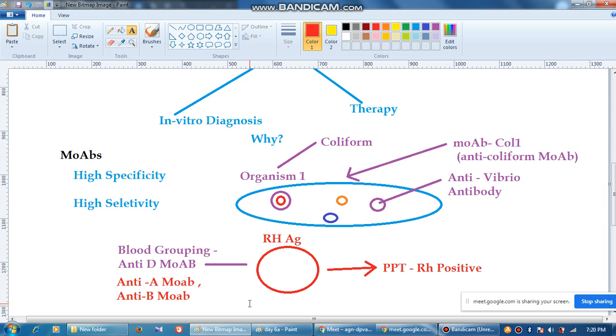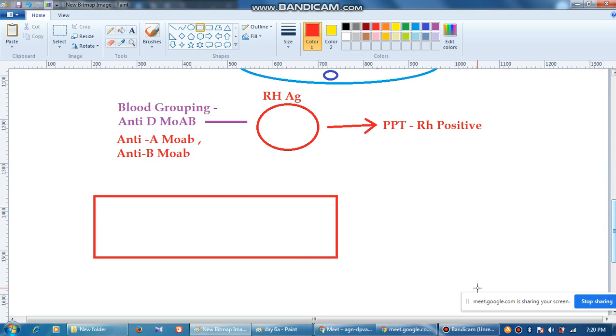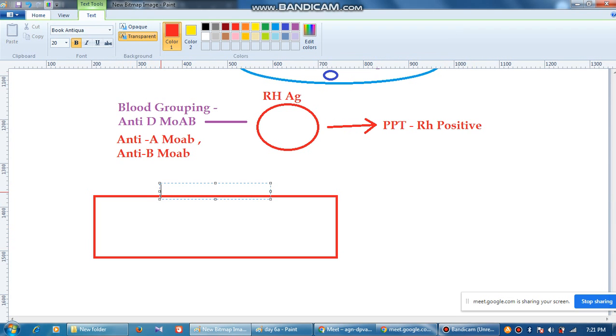Now I'll come to the last point, that is for therapy. Now this is for in vitro diagnosis. There are plenty of examples. For example, consider that you have a kit called the hepatitis B surface antigen kit, the HBsAg kit.